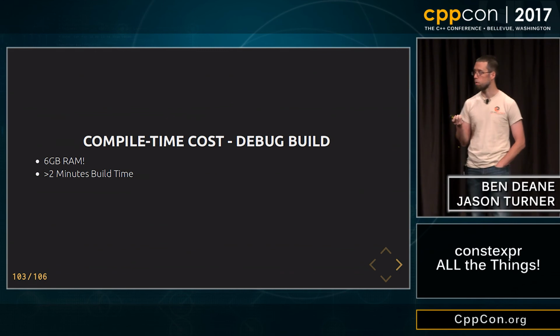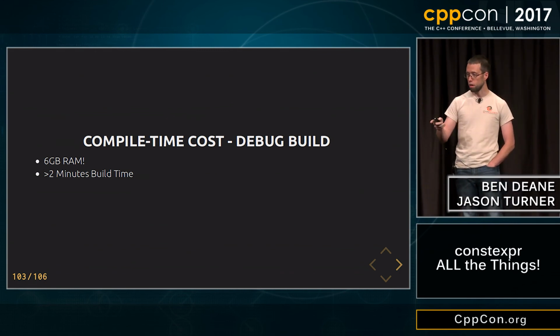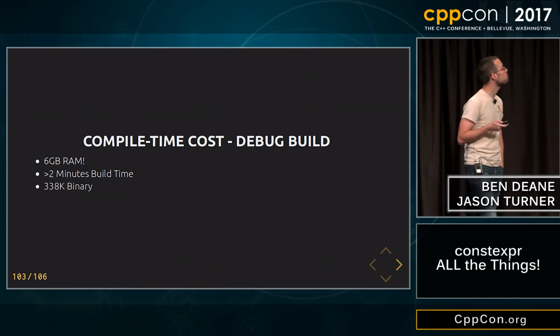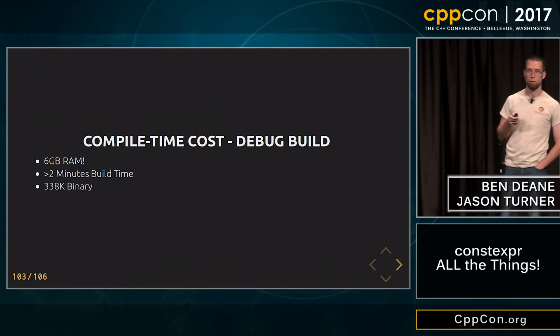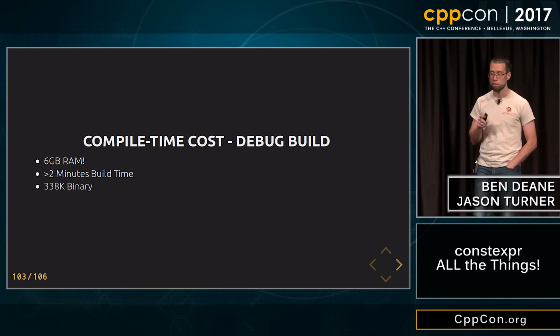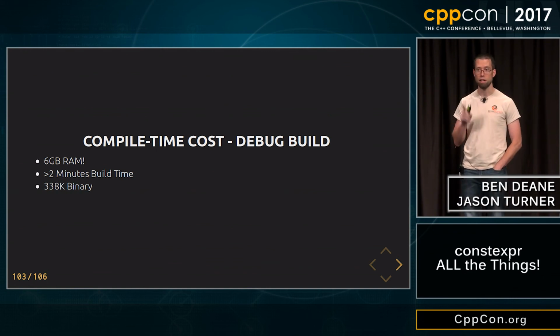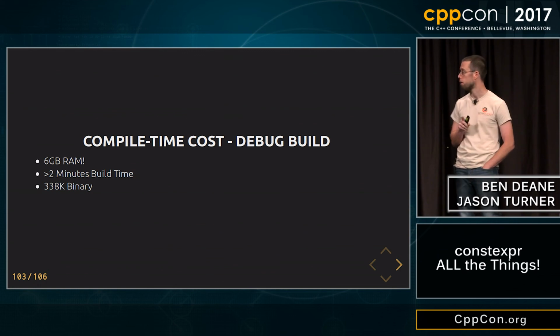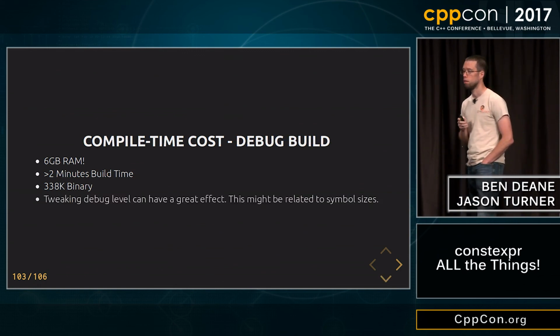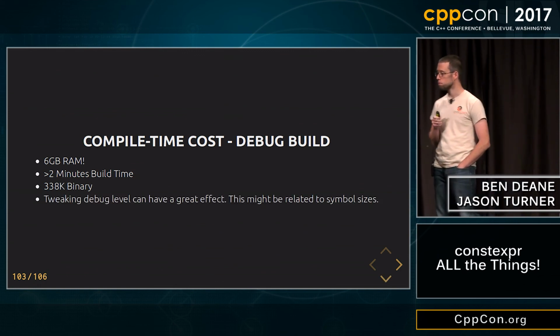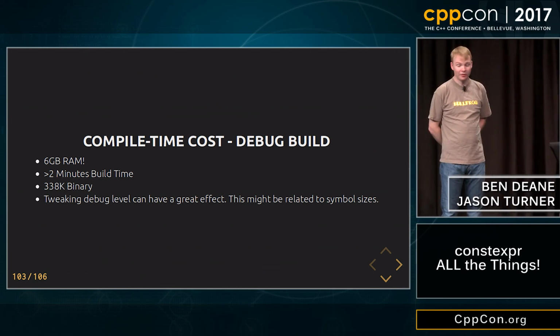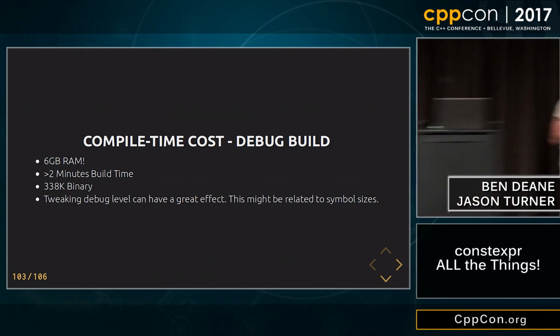It takes 6 gigs of RAM, so it's thrashing all over swap space, depending on what I'm doing. More than 2 minutes to build, and it resulted in a 338K binary. And keep in mind, this is a 338K binary that does nothing at runtime, because everything was calculated at compile time. This is very dependent on the debug level. Yes, we found that tweaking the debug level can have a huge effect.